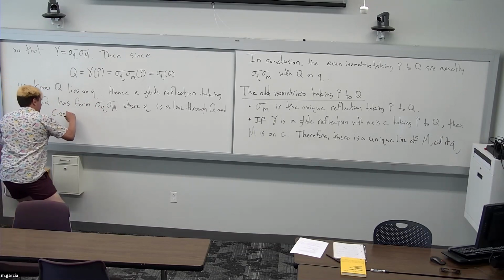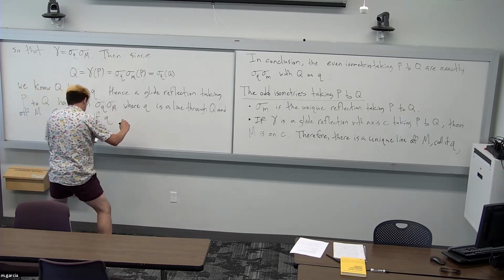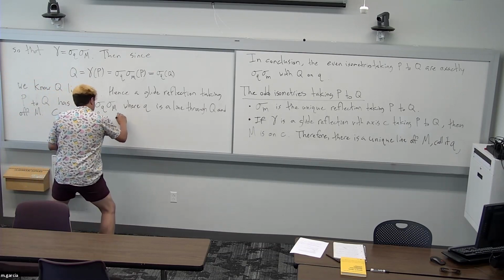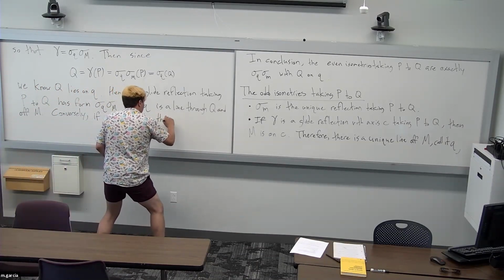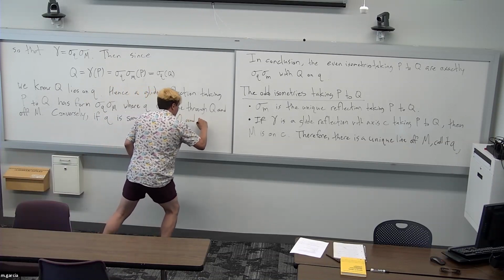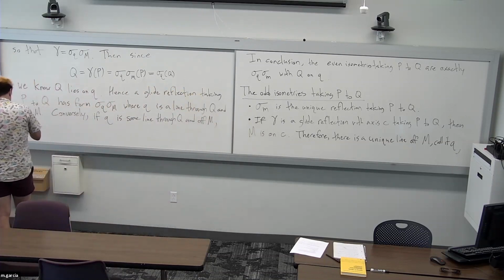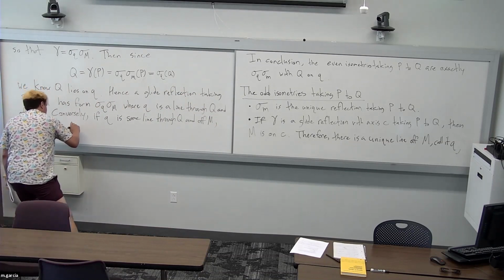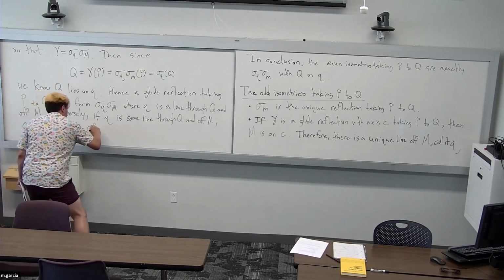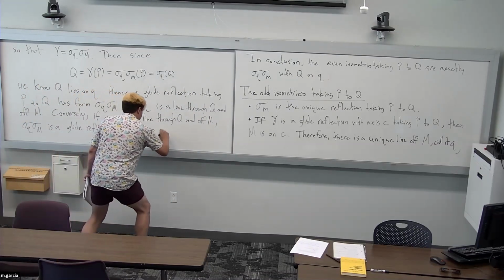So conversely, if q is any line through Q and off M, we have sigma q, sigma M is a glide reflection taking P to Q.